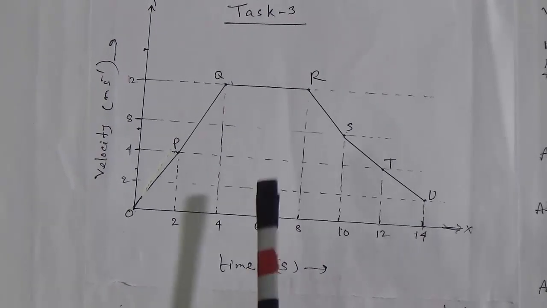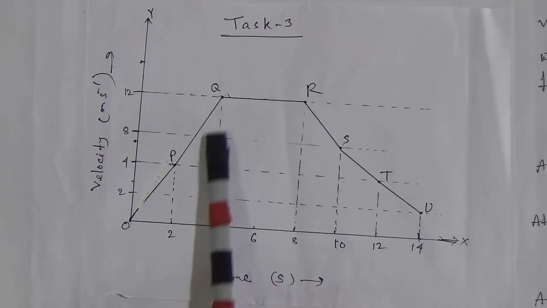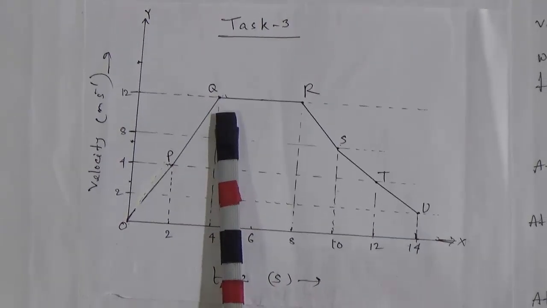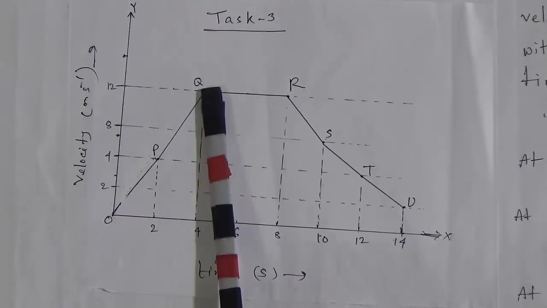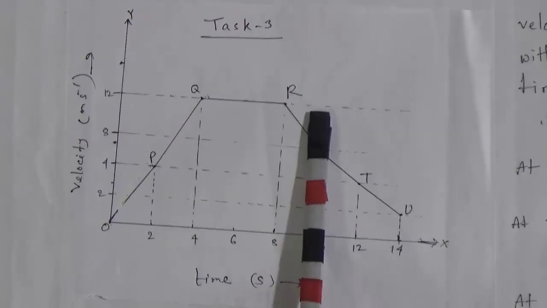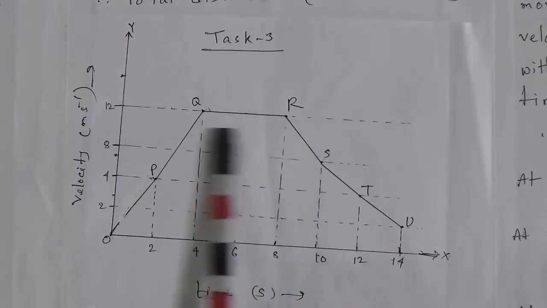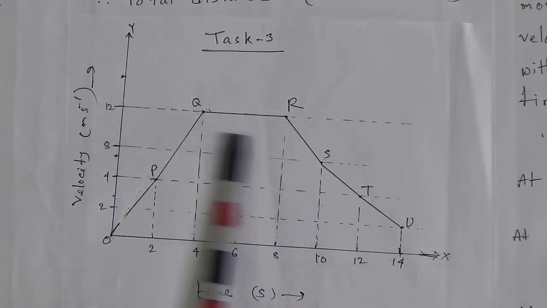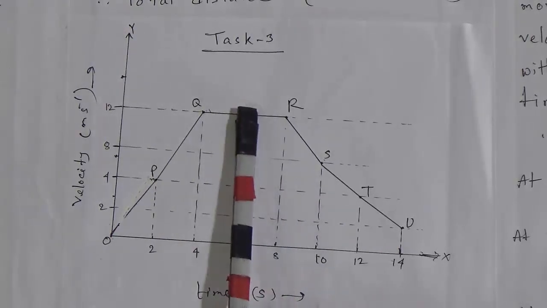At the distance PQ, we can see there is also uniform acceleration, no change. At the QR distance, we can see there is uniform velocity, that means there is no change of acceleration here.